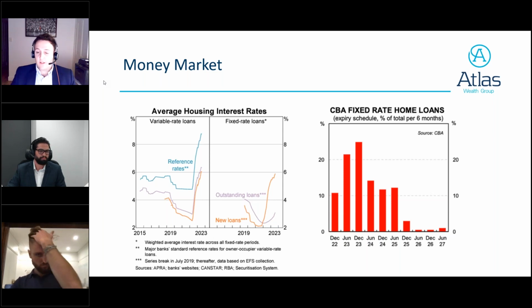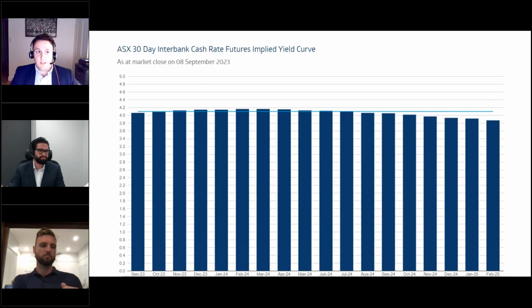So where do we think, or where does the futures market predict rates will go next year? If we change the page, you can see the ASX 30-day futures implied curve has the cash rate at the peak, topping out at about that 4.1 where we're at now.